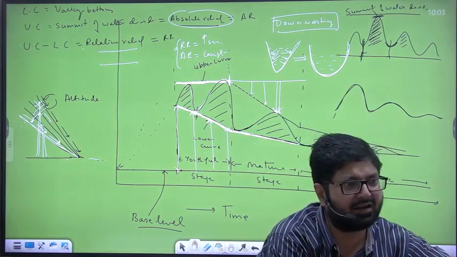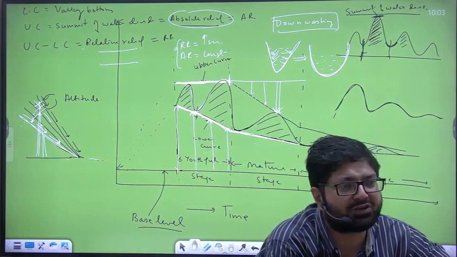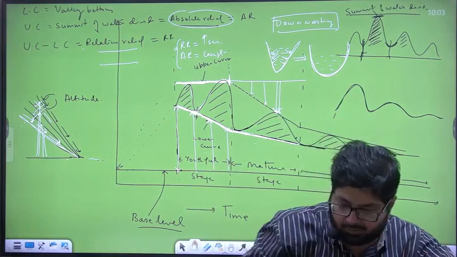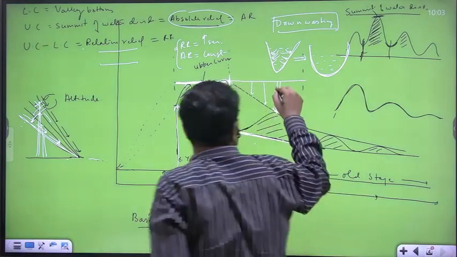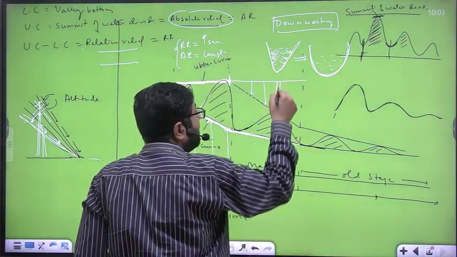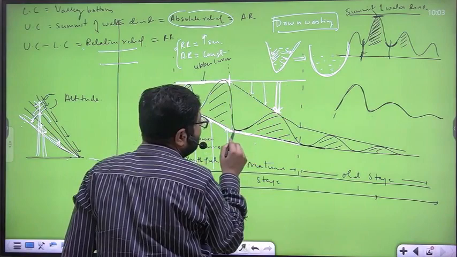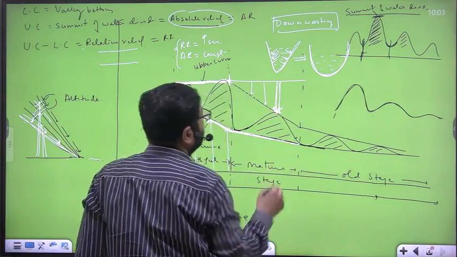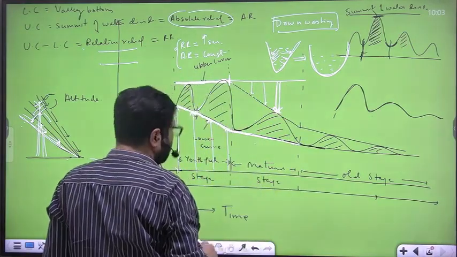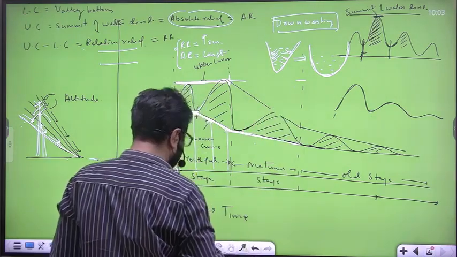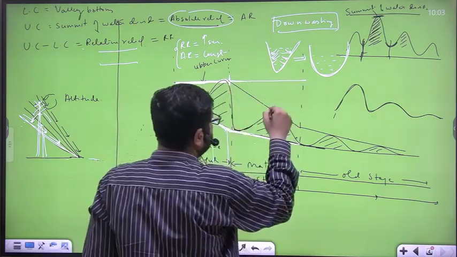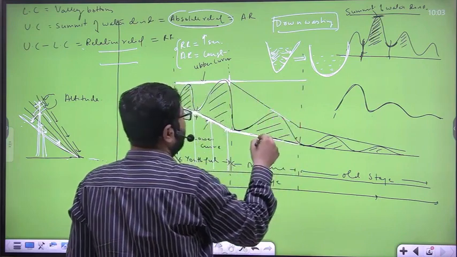Right? In mature stage, remember, बहुत ढंग से याद रखना है, the down wasting of summit is much more pronounced as compared to valley deepening. In mature stage, the down wasting of summit is much more pronounced, much more fast as compared to valley deepening.